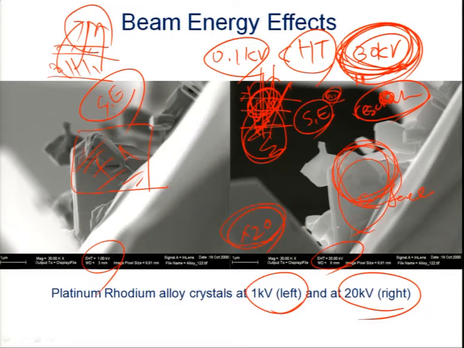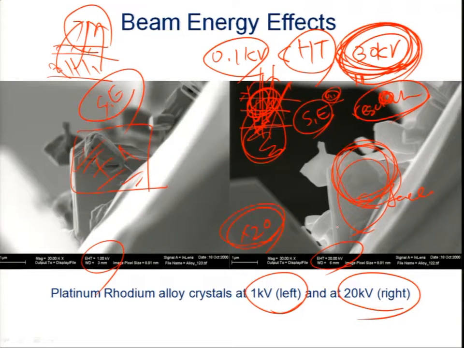When people talk about the resolution of a scanning electron microscope, they normally quote the resolution at lower than 1 kV, and then at 15 kV.